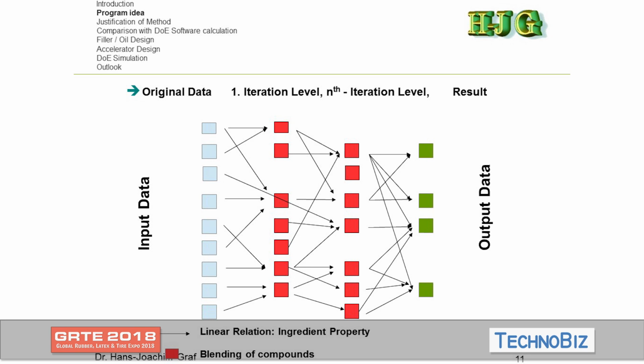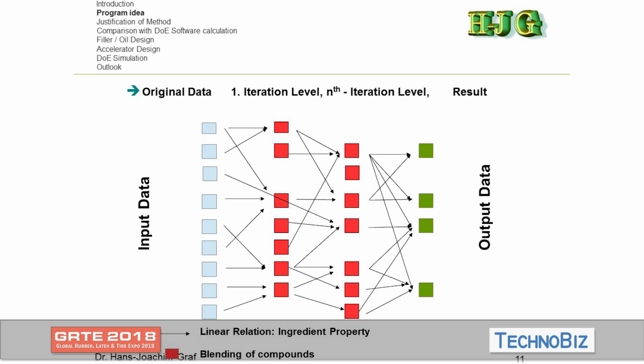We have a compound database, then we cross-blend in a first iteration, second iteration, 100th iteration, and then the outcome is at least one recipe, not 4 in this case. That was a little bit misleading. At least one recipe as soon as my distance between my result and the prediction is the smallest.